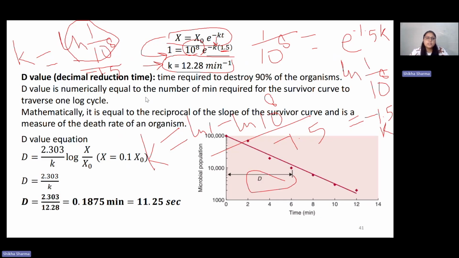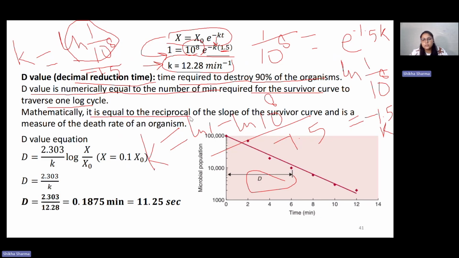What is the D value? It is the decimal reduction time. It is basically the time required to destroy 90% of the organism. D value is numerically equal to the number of minutes required for the survival curve to traverse one log cycle.